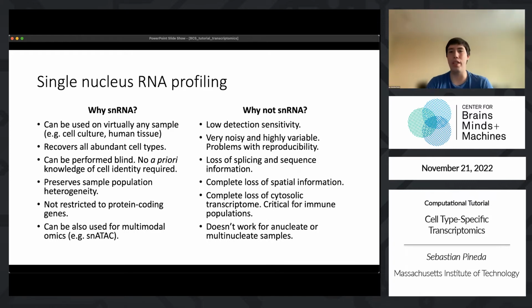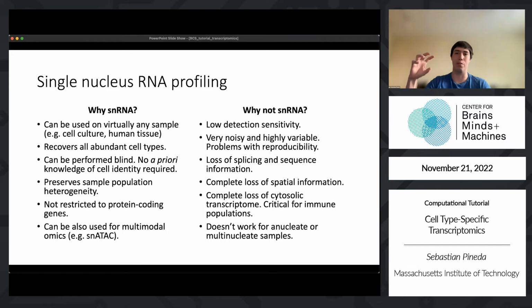So why do we not use it for everything? Why is it not a perfect substitute? Well, as I mentioned, assays like TRAP are very, very clean, and they have very good detection sensitivity. The opposite is true for single cell and single nucleus assays. They have pretty atrocious detection sensitivity. We recover only a fraction of the genes, and this isn't a sequencing depth thing.